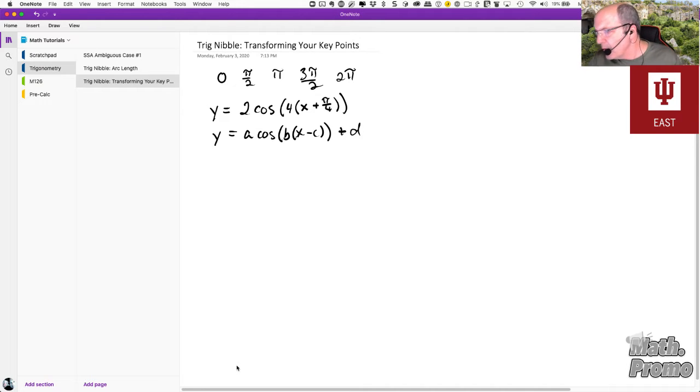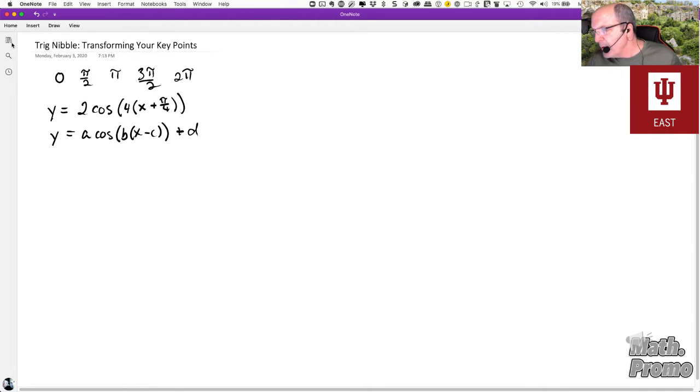And if we look at our problem up here, a is equal to 2, and of course it'd be absolute value if you want your amplitude. B is equal to 4. C is equal to, don't make the mistake, it's not pi over 4, it's negative pi over 4, because remember the negative sign right there. And then D is equal to 0.